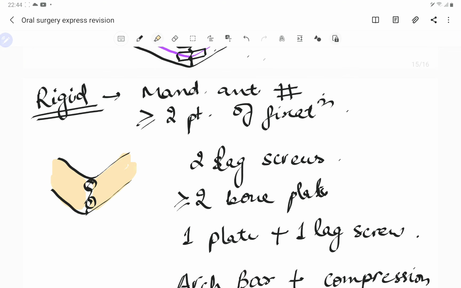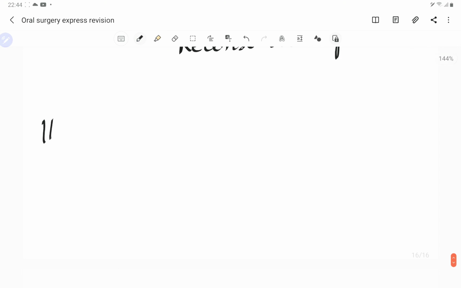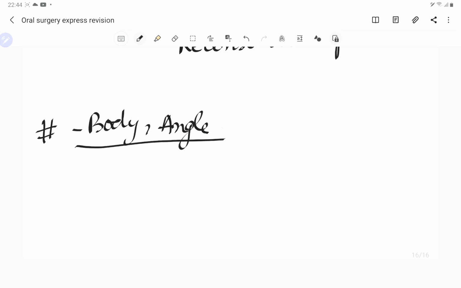But guys, what happens if there is a fracture in the body or angle? There is only one plate which is enough, right? We put it in the superior border of the mandible, where we have got the Champy's line, above the inferior alveolar canal, because we do not want to injure the roots of the teeth.